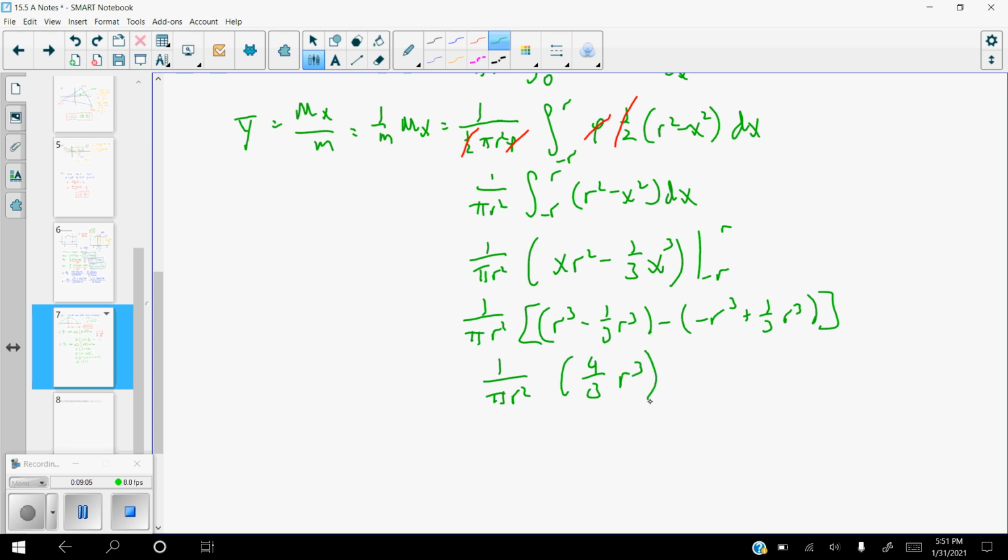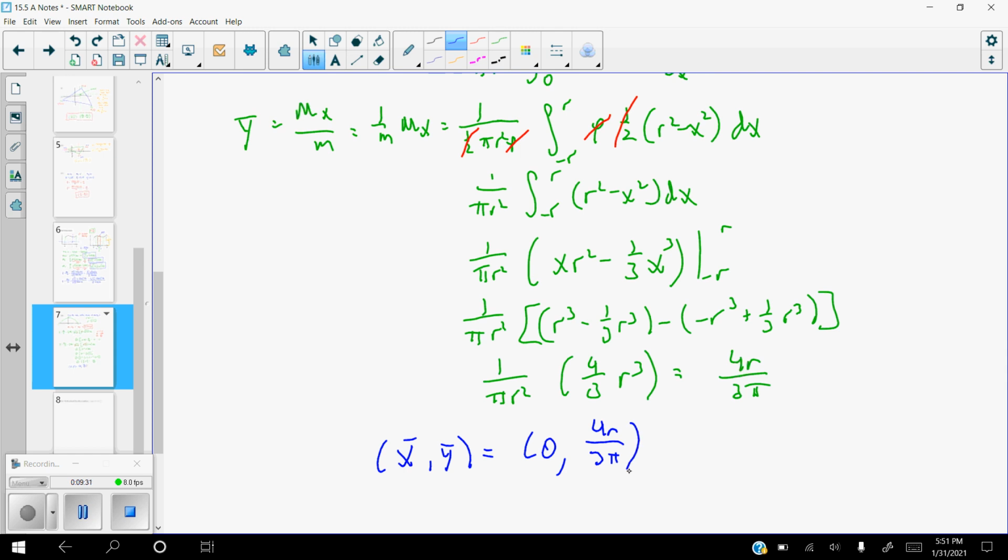Which, if you multiply that out, the r cubed is going to cancel out 2 of the r squareds from the bottom. So it looks like I'm going to get 4r over 3 pi. We simplify that all the way down. So there is your y bar. So after all of that, x bar, y bar is going to be 0, 4r over 3 pi.